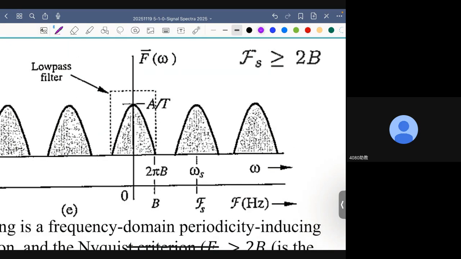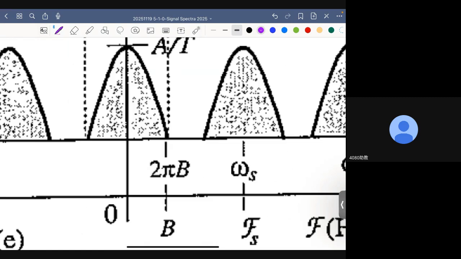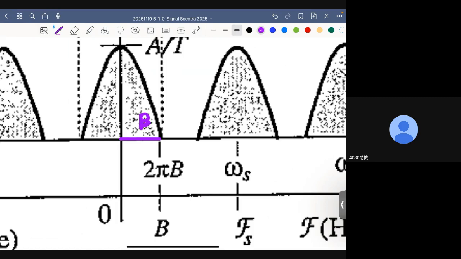From the original signal, we know that the size of the frequency band is B hertz, right? Because that is the specification of that band limited signal. Its high frequency components occur at B hertz.